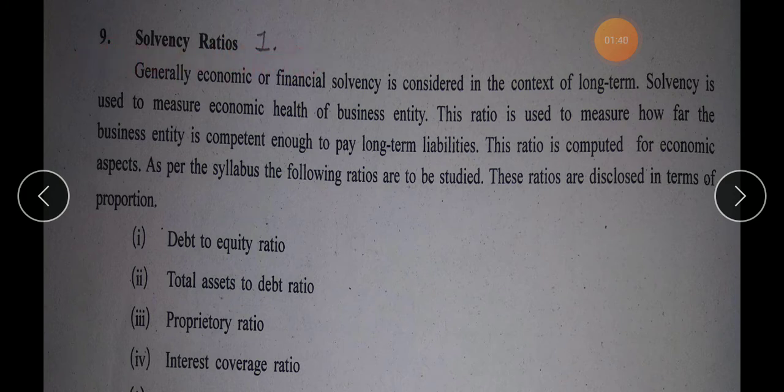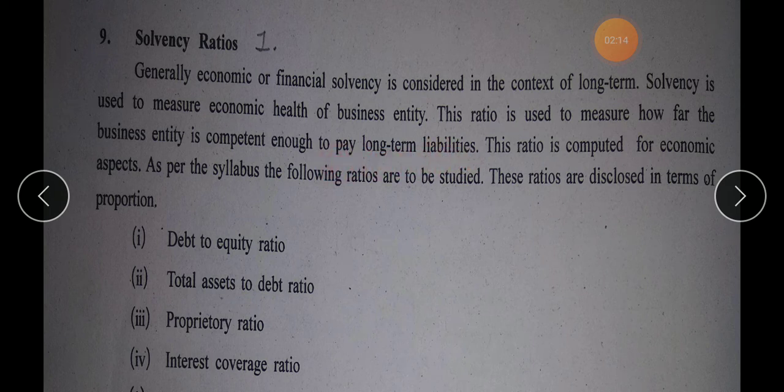The topic is given on page number 228 in your textbook. So starting with that, generally economic or financial solvency is considered in context of long term. Solvency is used to measure economic health of a business entity. This ratio is used to measure how far the business entity is competent enough to pay long-term liabilities.